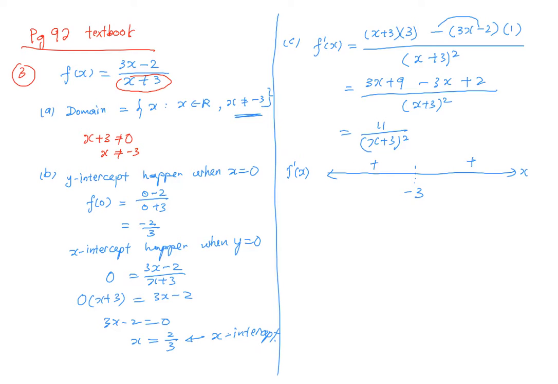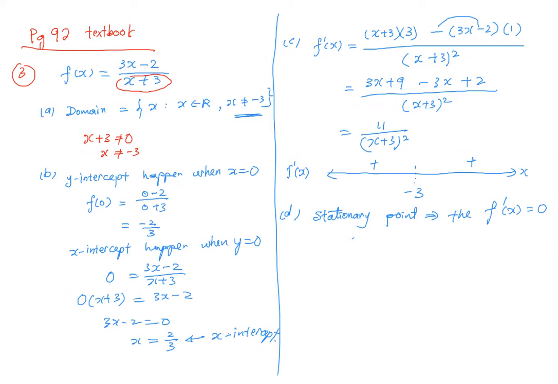Okay, then part D. Does the function have any stationary point? When you say stationary point, it means the value of x where f prime x will be equal to 0.